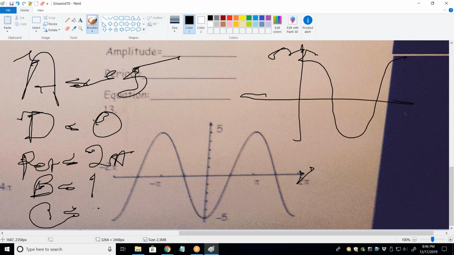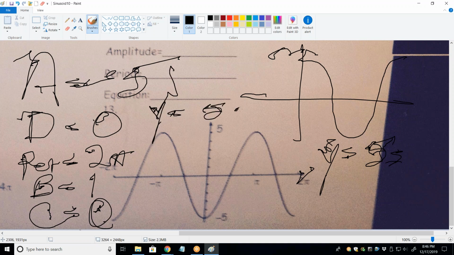Just for the moment, take my word, there's no phase shift. Okay. So our function would be what? Hold on. Let me write it right here. 5 equals 5. It's not sine, though. It's cosine, right? Of what?